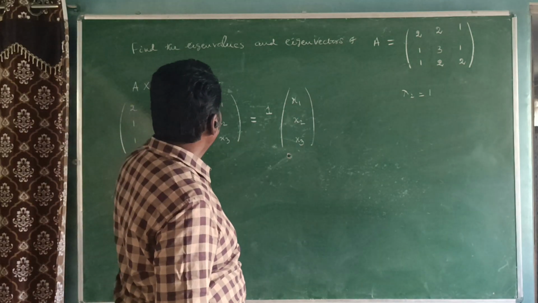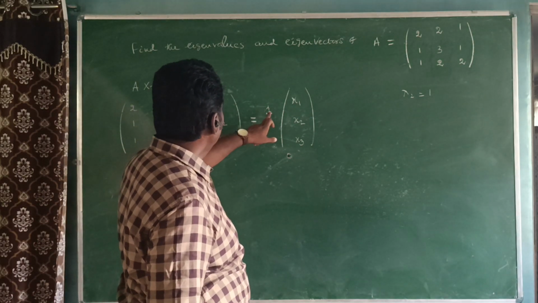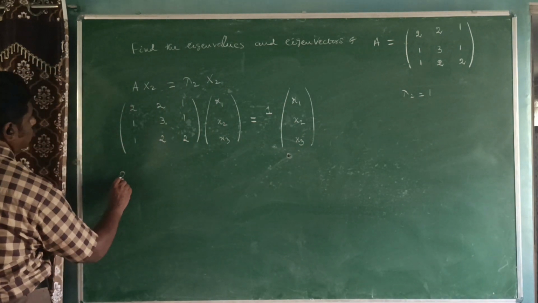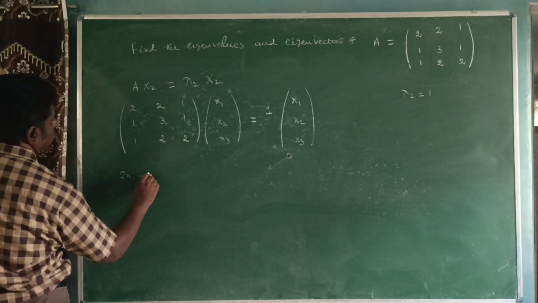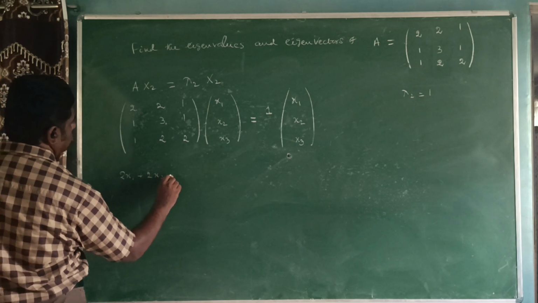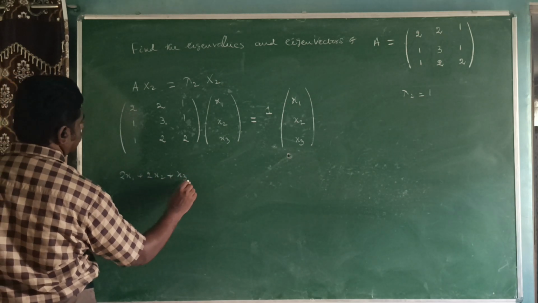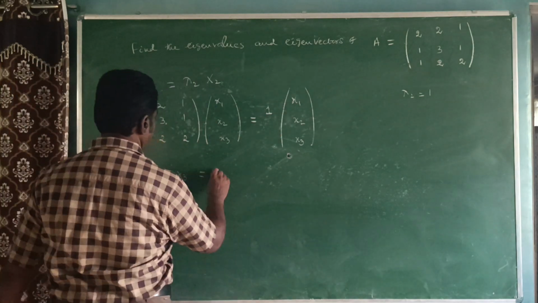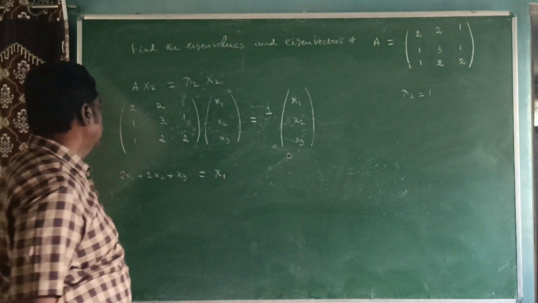Then 1 into x1, x2, x3 is 2x1 plus 2x2 plus x3, which is equal to 1 into x1. This is the first equation I have.